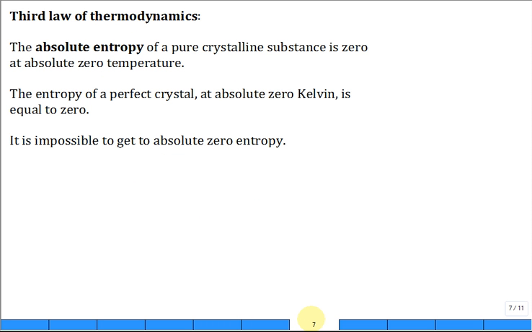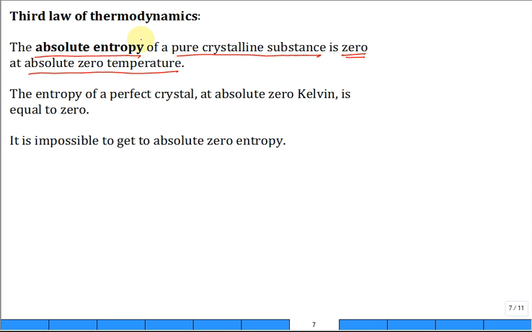So now there's something called the third law of thermodynamics out there in the literature. When you have the concept of absolute entropy introduced, the absolute entropy is set to a value of 0 at an absolute temperature of 0 for a pure crystalline substance.